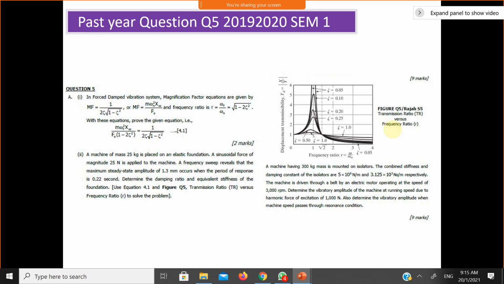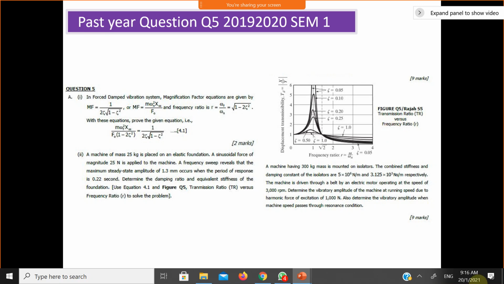In force dampened vibration system, magnification factor equations are given by MF 1 over 2 zeta 1 minus zeta squared, or MF equals to M omega n squared XSS over F naught, and frequency ratio is R equals to omega F over omega n 1 minus 2 zeta squared set.